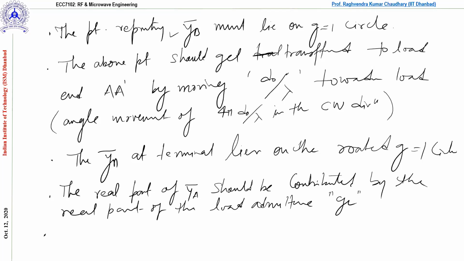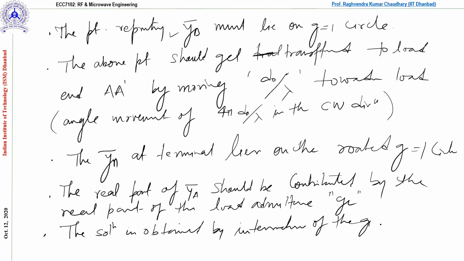And the last point is that the solution is obtained by the intersection of the GL circle with the rotated G equal to 1 circle. So these are some of the points.